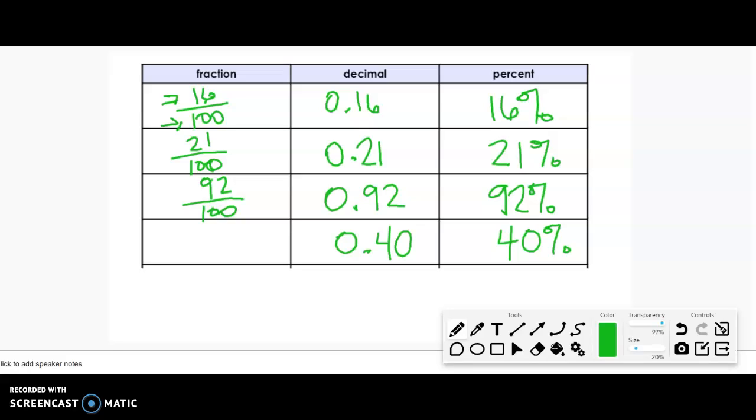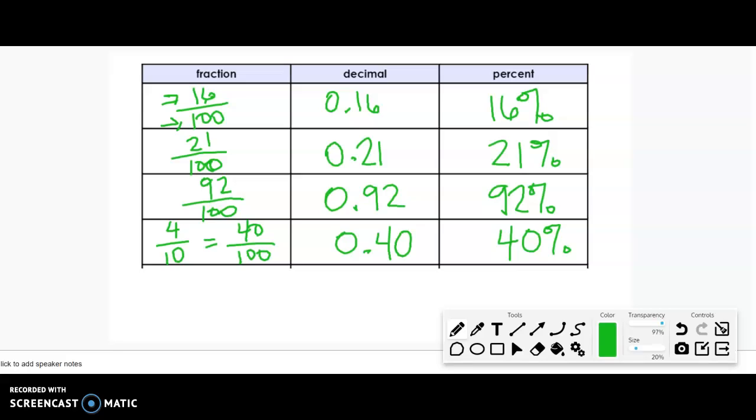For my fraction, I could either do 4 tenths, which was the original fraction, or I could write 40 hundredths. We won't worry about simplifying our fractions on this one. All right, so there's some different options. Those are the equivalent fractions, just depending on which decimal they're going with.